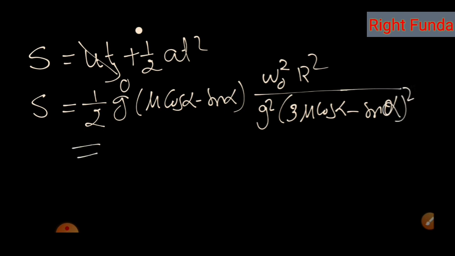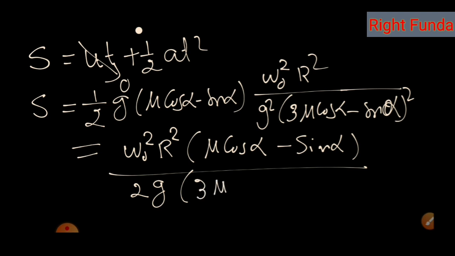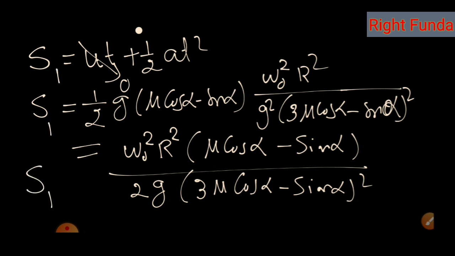If we simplify this, we get ω₀²R²(μ cos α − sin α) divided by 2g(3μ cos α − sin α) whole squared. This is the S1 value that we obtain.